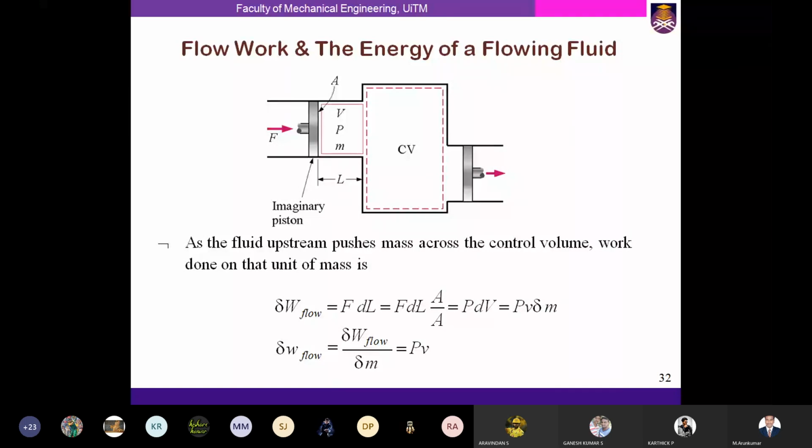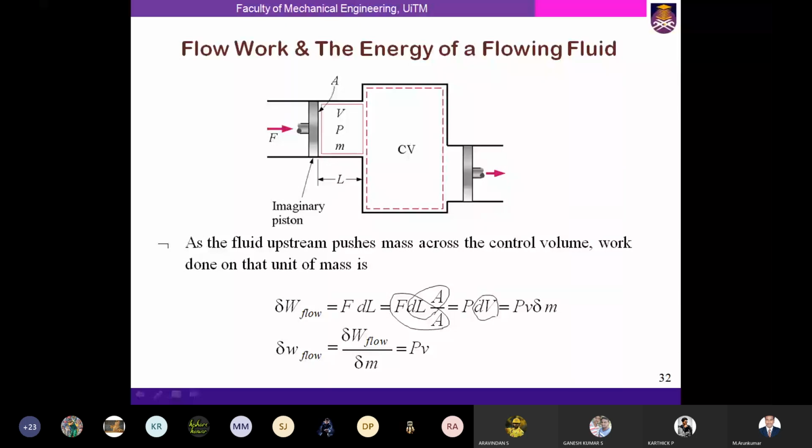That becomes P into dV, because this change in area into change in length will be your change in volume, and force by area will be your pressure, right? Pressure is equal to force by area, and the change in volume is equal to change in length into area.